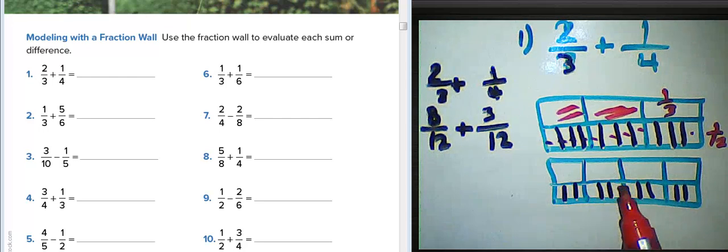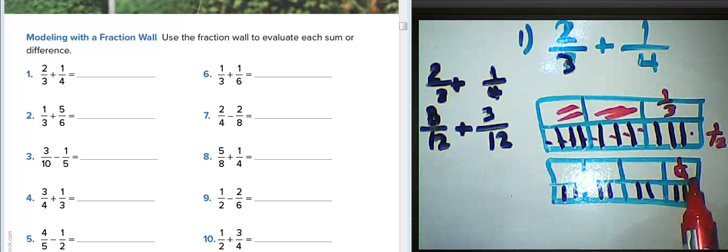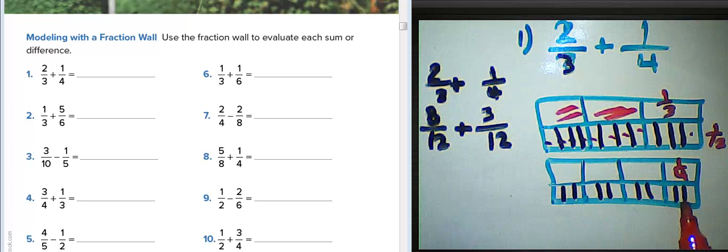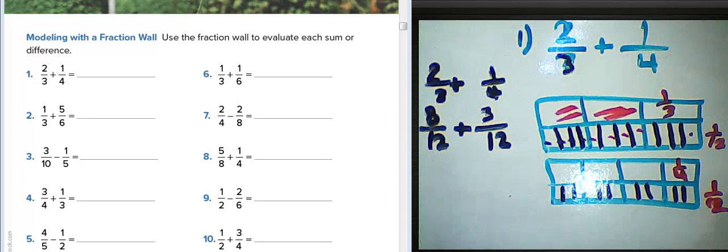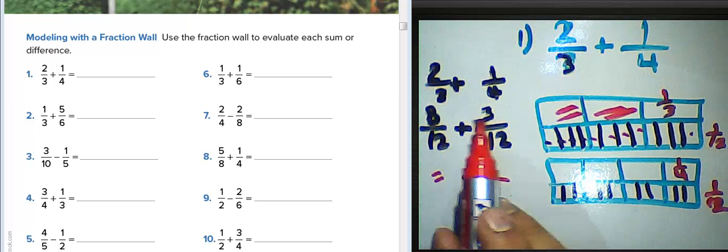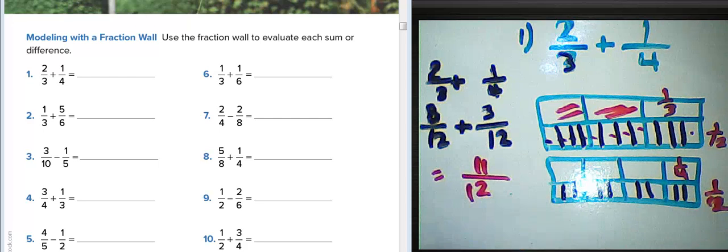And what about this space here? We write 1 over 4 inside this part, and inside each part here 1 over 12. Then we find the result by adding 8 plus 3 equals 11 and write 12 in the denominator. Then the result will be 11 over 12. That's question number 1.